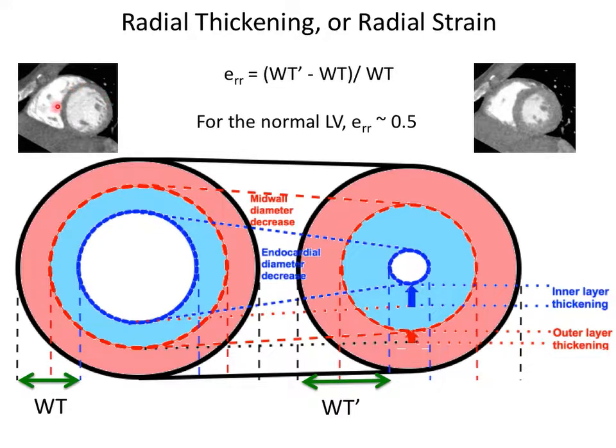Now if I measure the dimension of that wall, and let's say it's 1 centimeter at end diastole, so when the heart's full and I look at the thickness of the muscle and it's 1 centimeter, then at end systole, when I've ejected the most blood I can, and I measure the dimension of that wall again, it's going to be thicker. Right? It's going to be bigger because basically you shrink down the chamber, and to do that, the muscle contracted and it made itself thicker.